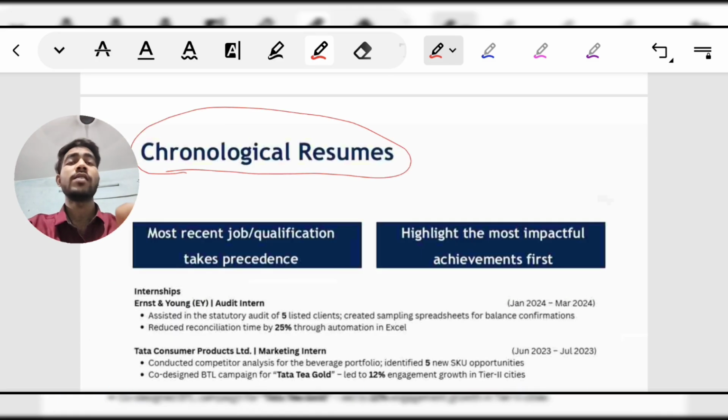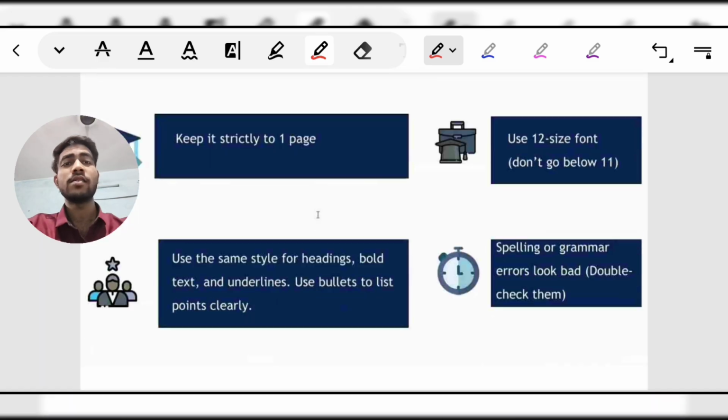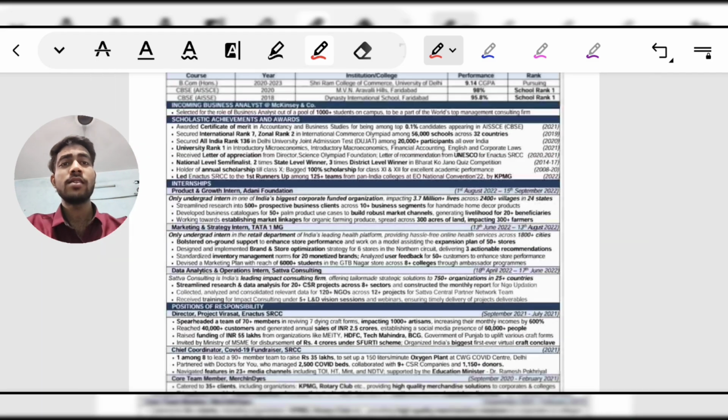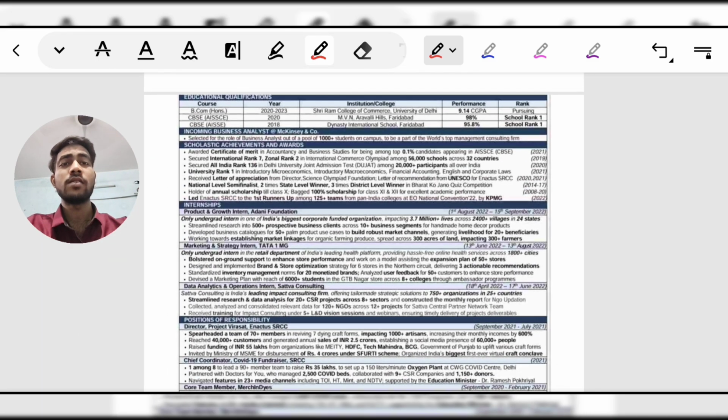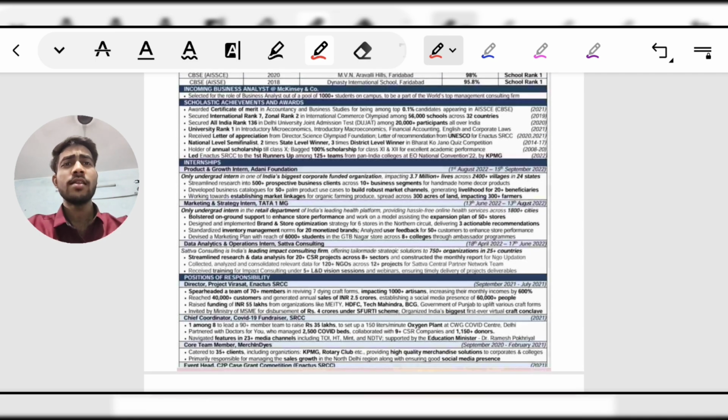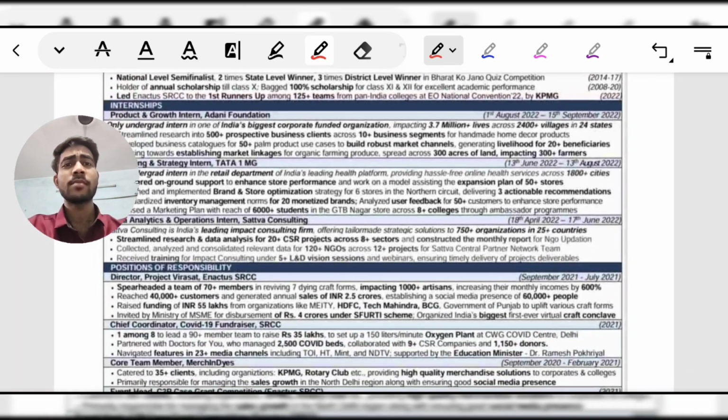There are various types of resumes, like the chronological one. So firstly, I will take this resume as an example. This type of resume was made by one of the SRCC students.